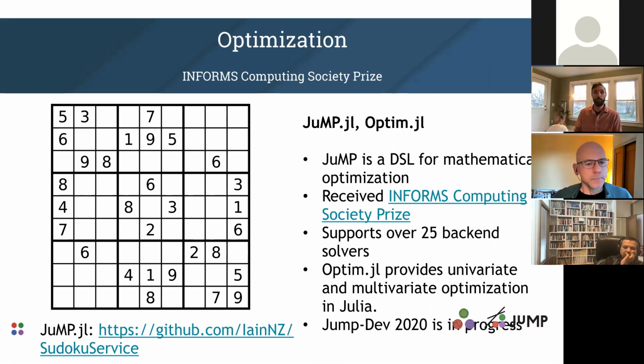And JuMP and Optim are kind of the programming toolkits that build atop of those, and they started out by connecting into traditional solvers, right? The traditional commercial constraint-based solvers like Gurobi and things like that. In doing so, they've built up this entire domain-specific language that's solver agnostic, that allows you to swap out those solvers.